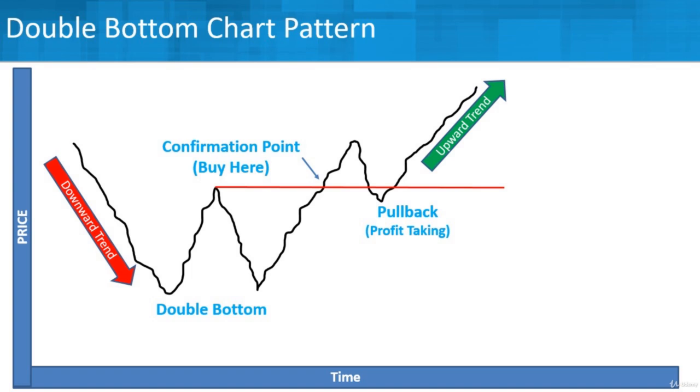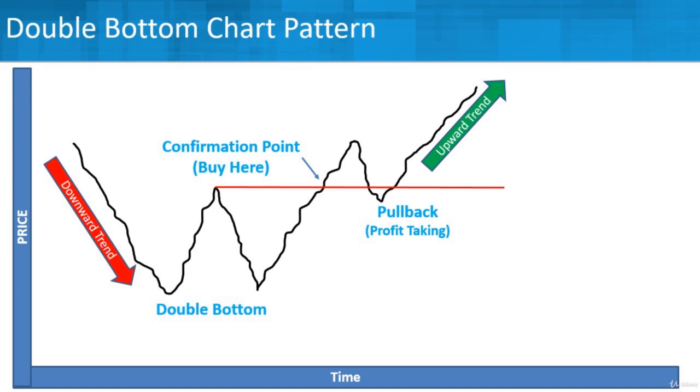What we're looking for now is that confirmation point. You could also call it a resistance line. If this was a rectangle, it would bounce off that resistance point and keep going back down, trading within a narrow channel. But when we have a double bottom, it's actually going to break through that point after the second bottom, and that's your confirmation point.